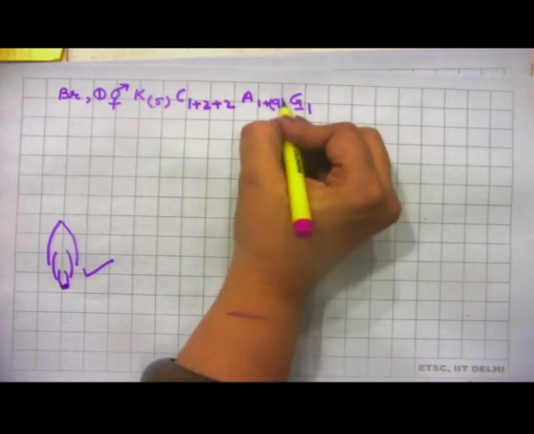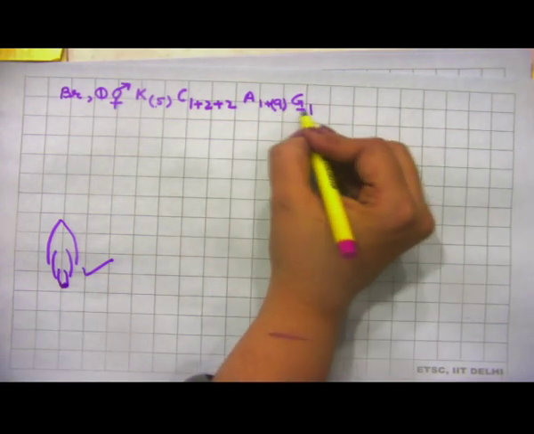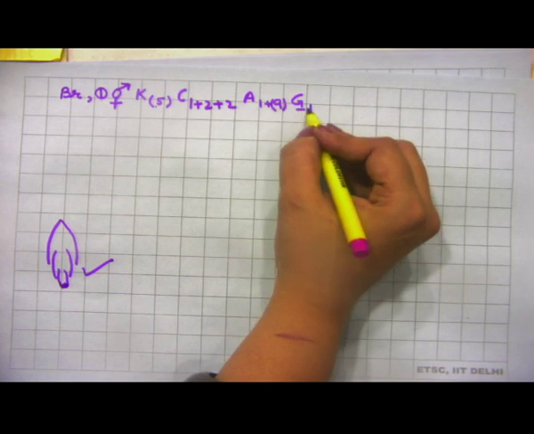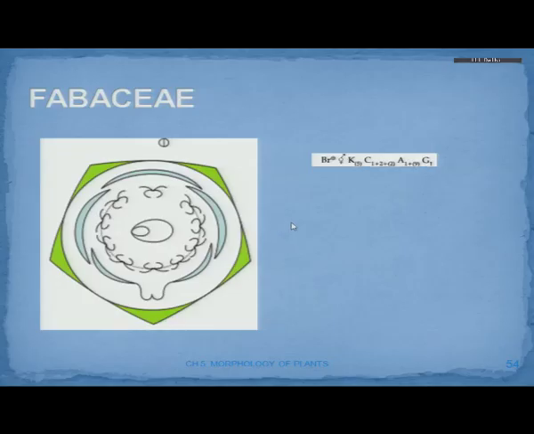Yes, these 9 stamens are fused together, so we will put a bracket here, and the gynoecium is superior with only 1 locule. So, this is the floral formula of the family Fabaceae.